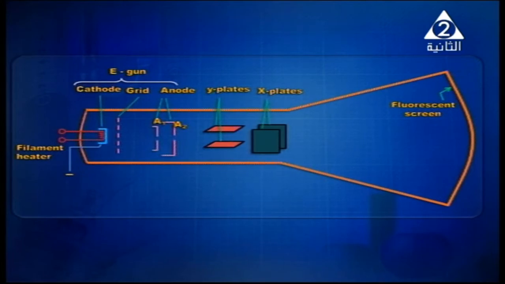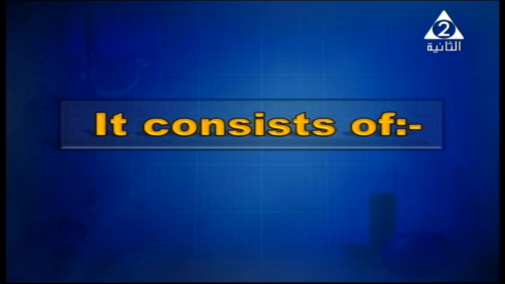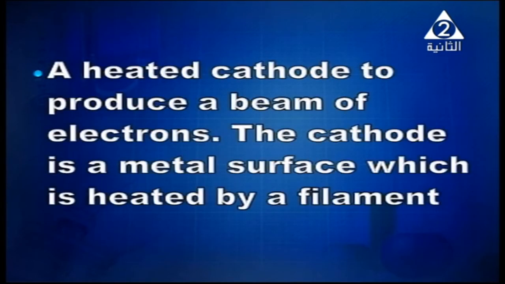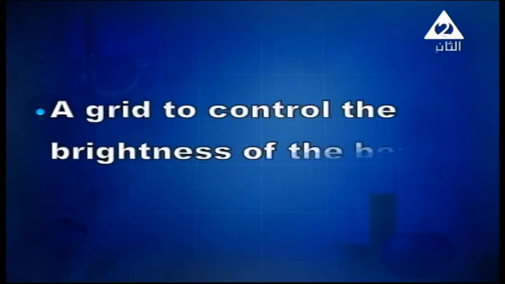So talking about the structure of the cathode ray tube, it consists of, first of all, a heated cathode to produce a beam of electrons. The cathode is a metal surface which is heated by a filament. Then it gives off electrons.